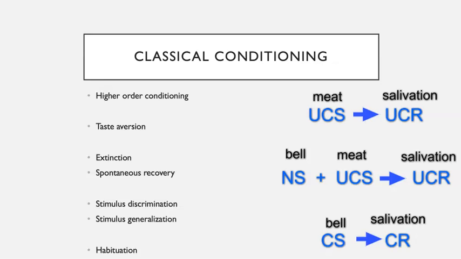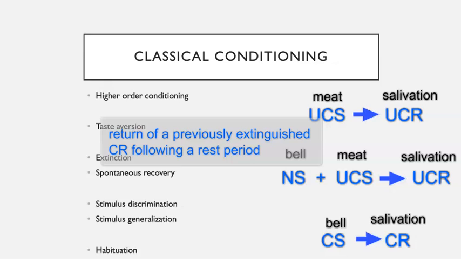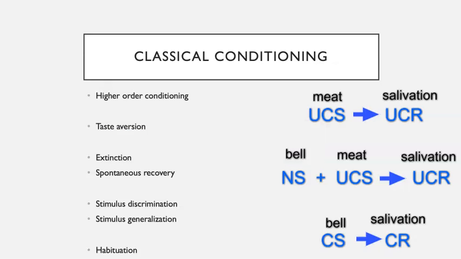So spontaneous recovery is when you have a return of a previously extinguished conditioned response following a rest period. So it just pops back up real fast when you aren't expecting it. For example, when I teach this in person, and it's not COVID, I do an experiment.